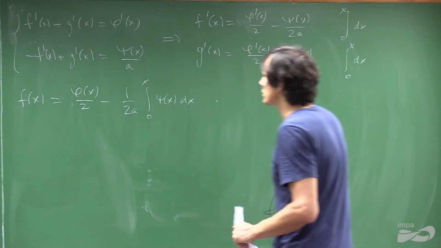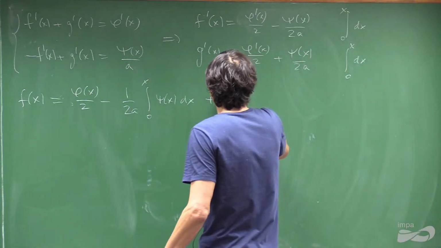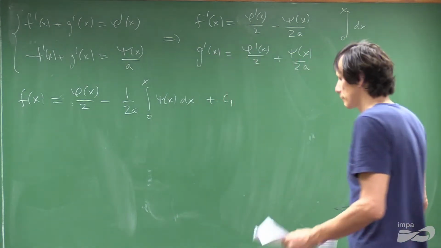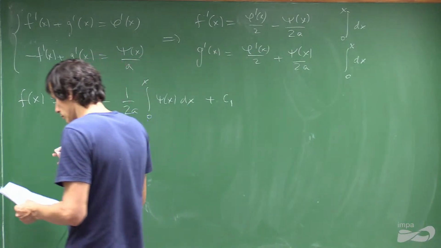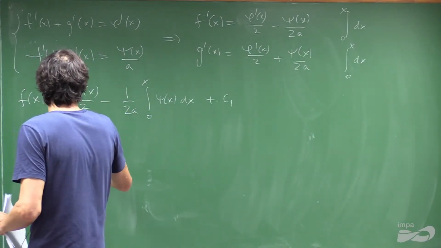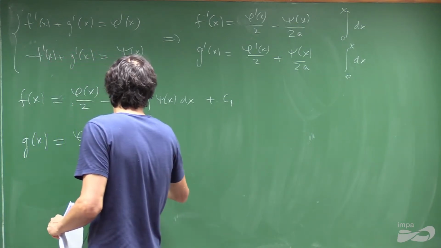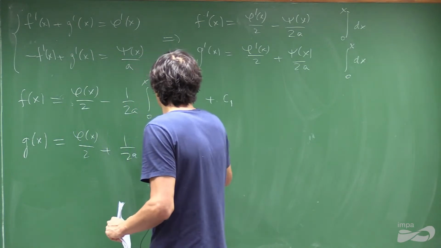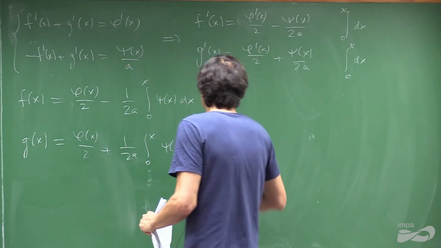And then there will be an integration constant that comes from these integrations, which we call C1. We will not look for it now, we will find it on the next step. And the same for g. When you integrate the second equation, it will be phi of x by 2 plus 1 over 2a integral of psi of x dx, and then an integration constant.